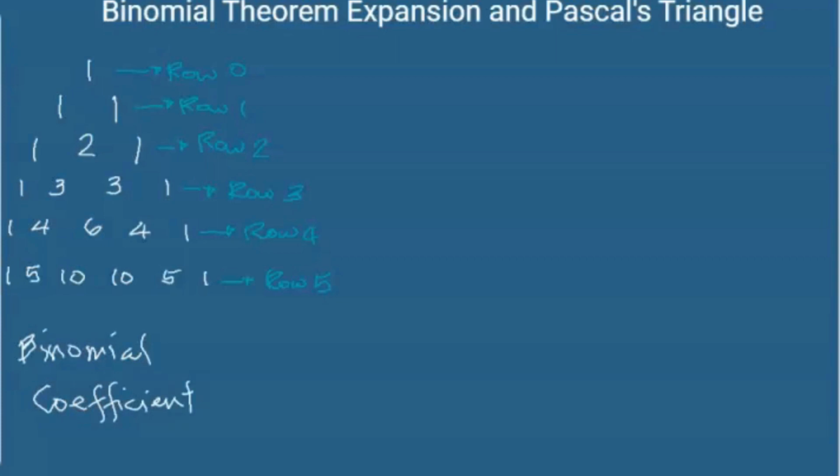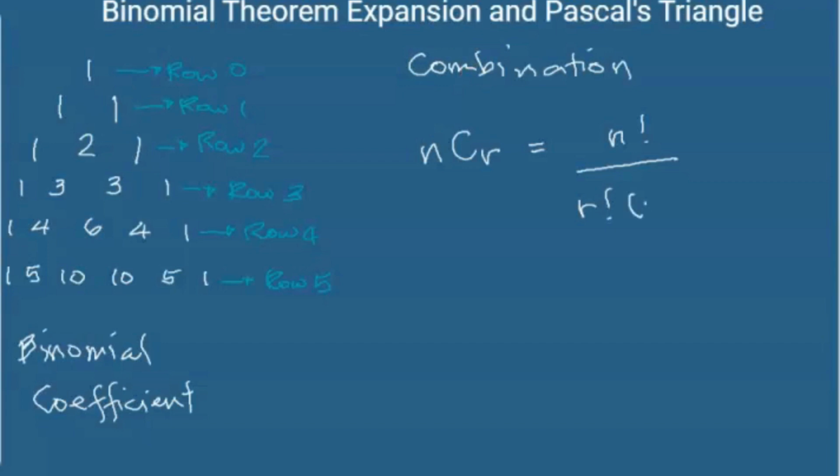Now let's review combination. For combination, we know that it is n taken r at a time, and the order does not matter. So the formula is n factorial over r factorial times n minus r factorial.